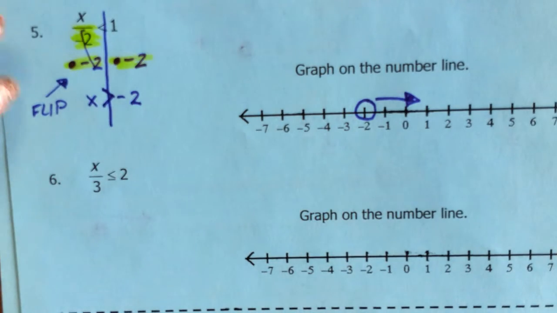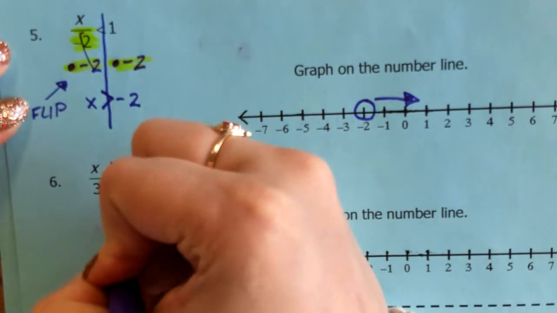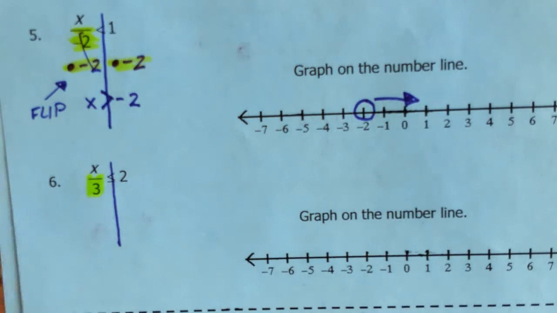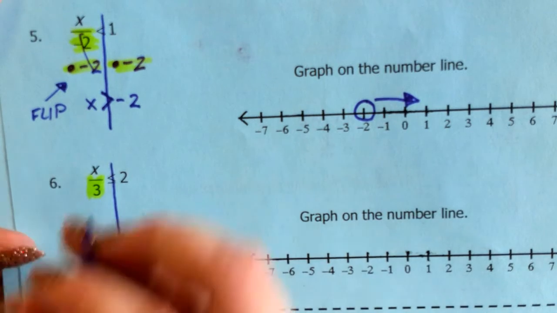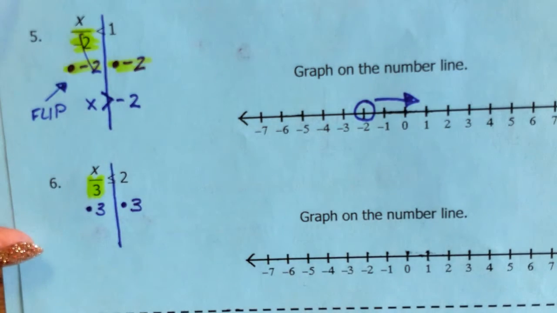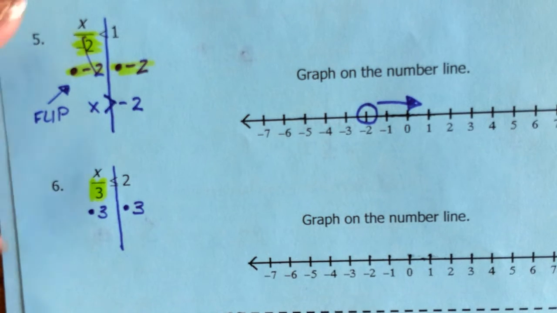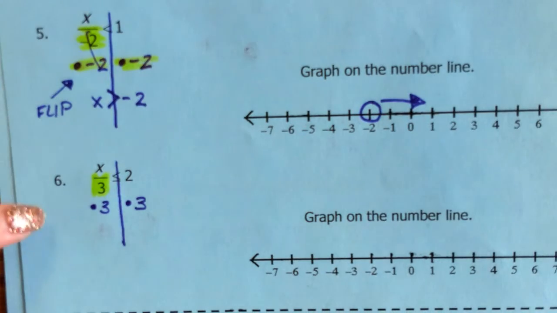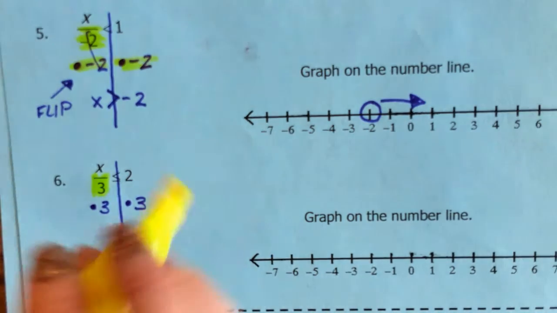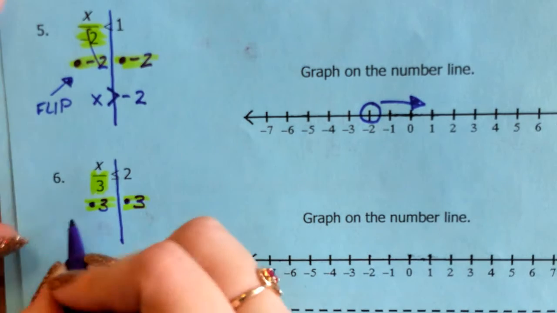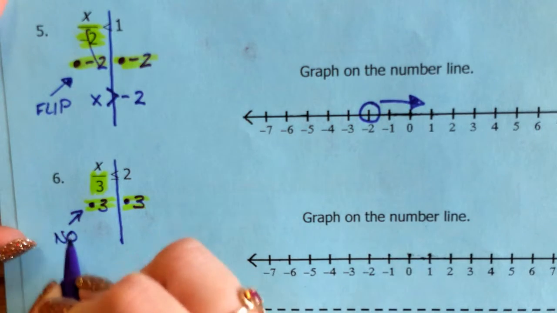And look at the difference between 5 and 6. In number 6, it's showing dividing by 3. So to get rid of divide by 3, I'm going to have to multiply by 3 on both sides. Number 5, I multiplied by a negative 2. I needed to flip. When I multiply here by a positive 3, I do not need to flip.